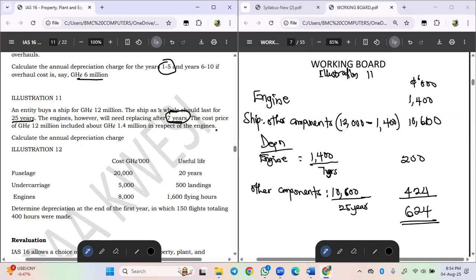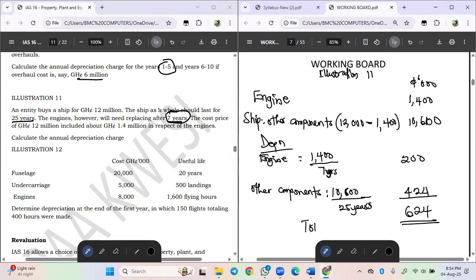So you cannot depreciate it using the 25 years. But the other component, that is 10.6 million, will meet the 25 years. So that one can be depreciated over the useful life of 25 years. So you depreciate the engine separately, 1.4 over 7 years. The other component, 10.6 million divided by 25 years. So that's what we did to get this one.